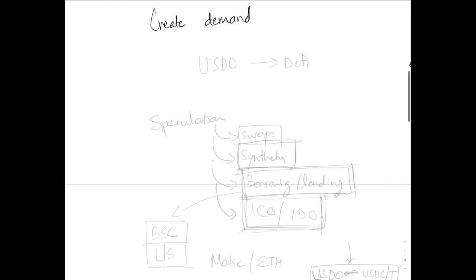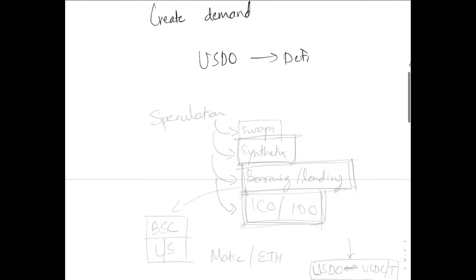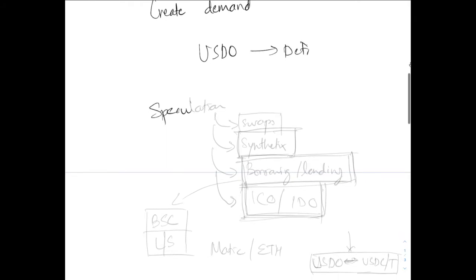So we need USDO to be accepted in DeFi applications, which people want to use. So what are the key things which people want to do in DeFi? The reality is, it's mostly speculation.